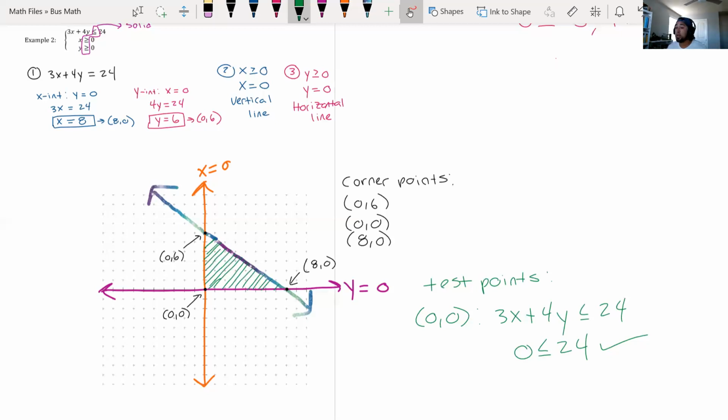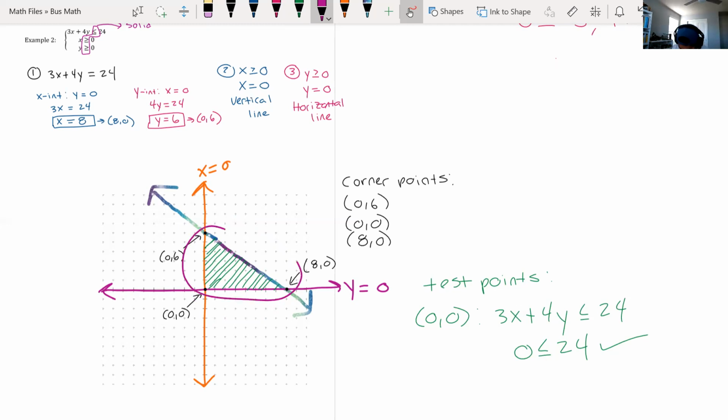Okay, and there's our feasible region, our solution region, and is it bounded? Can I draw a circle around it? That's definitely bounded, right? If I can draw a circle around it, that is called a bounded feasible region or solution region.